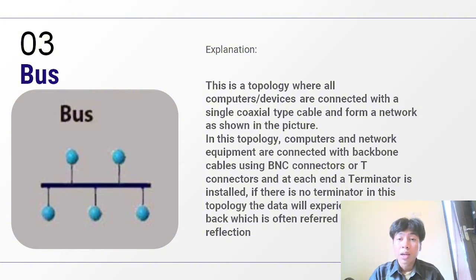And at its end, a terminator is installed. If there is no terminator in this topology, the data will experience a bounce back, which is often referred to as signal reflection.